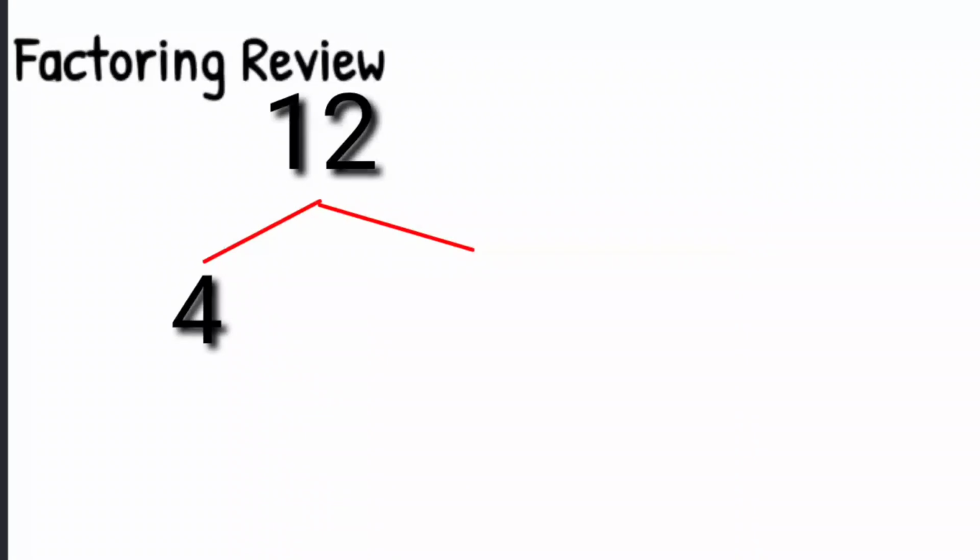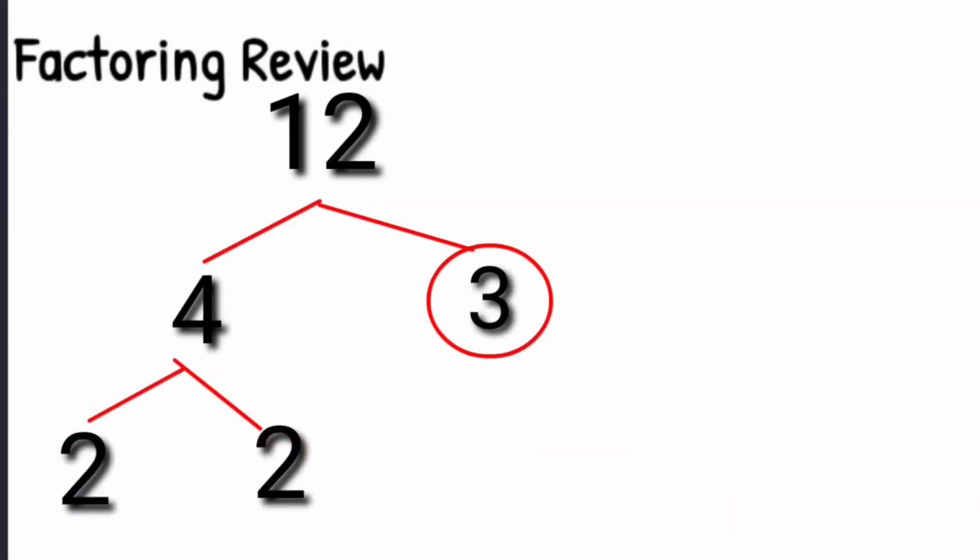Another example is 12. 12 can be factored by 4 and 3. 3 is a prime number, so I circle it. 4 is not a prime number, and it can be factored by 2 times 2. 2 is a prime number, so I circle it.